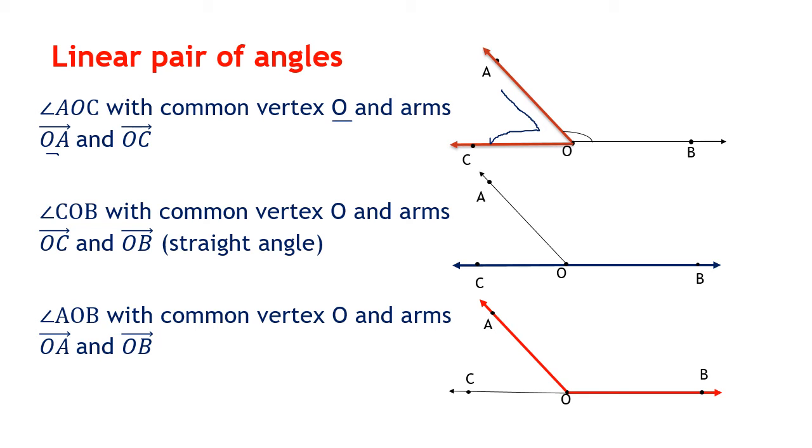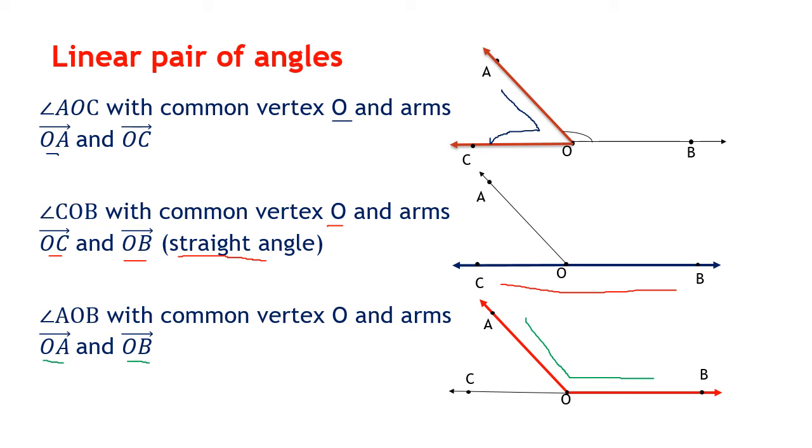Then we have angle COB. Now COB has a common vertex O. The arms are OC and OB. And what you can see in these arms, they make a straight angle. They are exactly opposite to each other. The third we have is angle AOB. Common vertex O and the arms OA and OB.